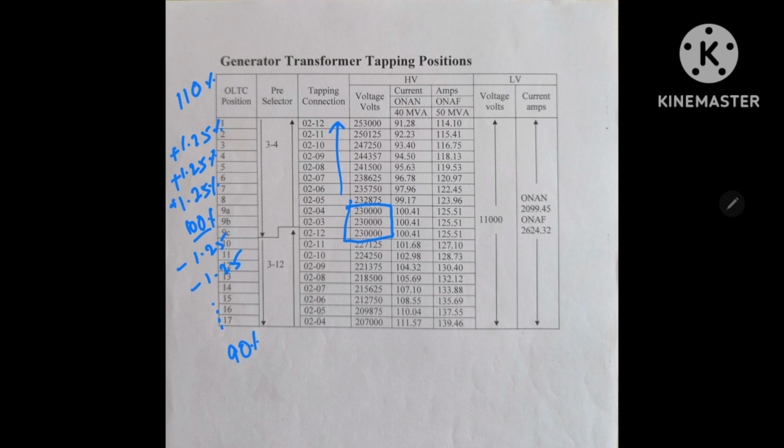So this 90% into nominal tap 230 kV is equal to 207 kV. This is in tap number 17.